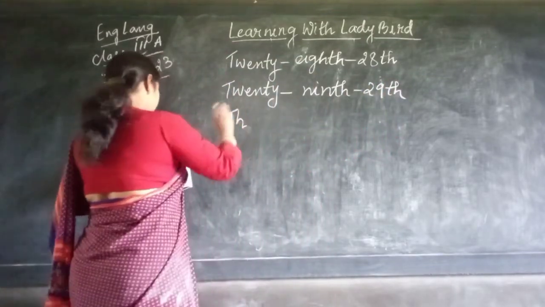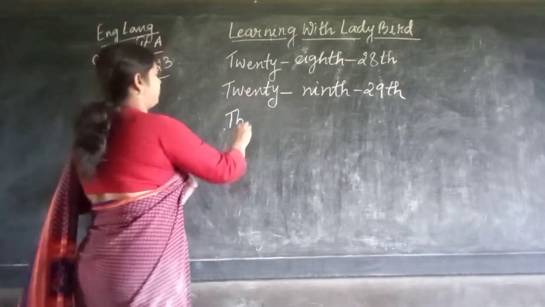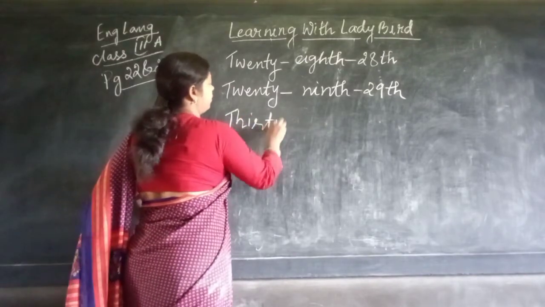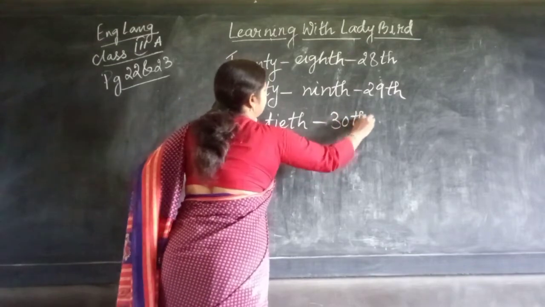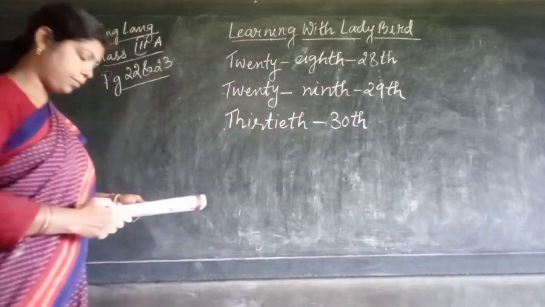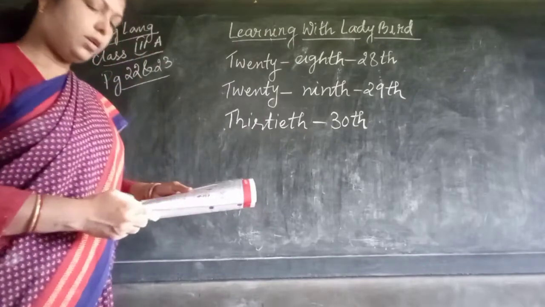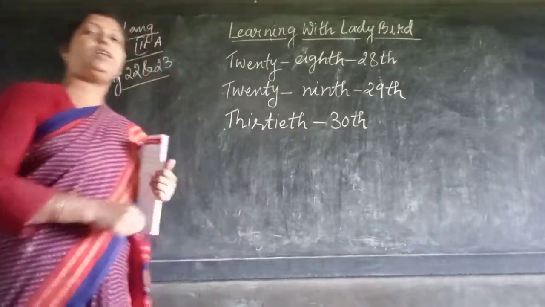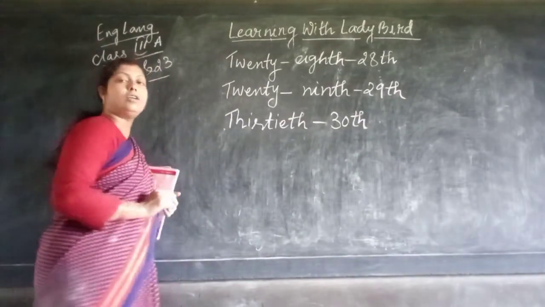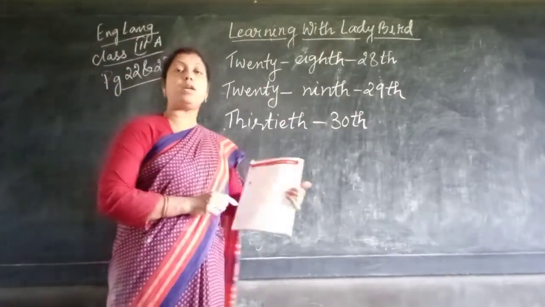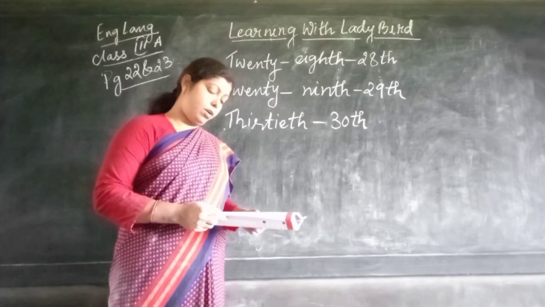Then that is 30th. Please see once again: 28, 29, 30th. So you have to write from 1 to 30th. That one you write down.